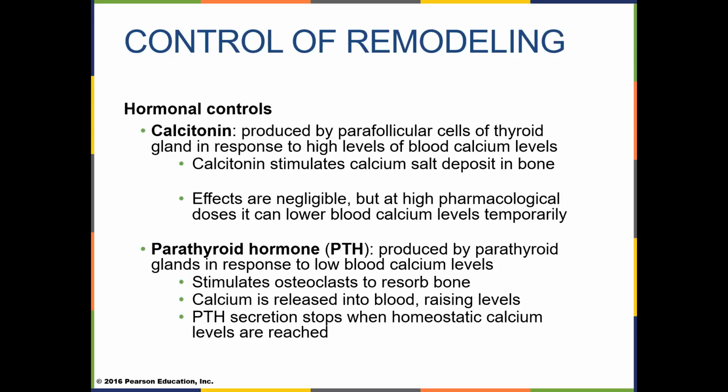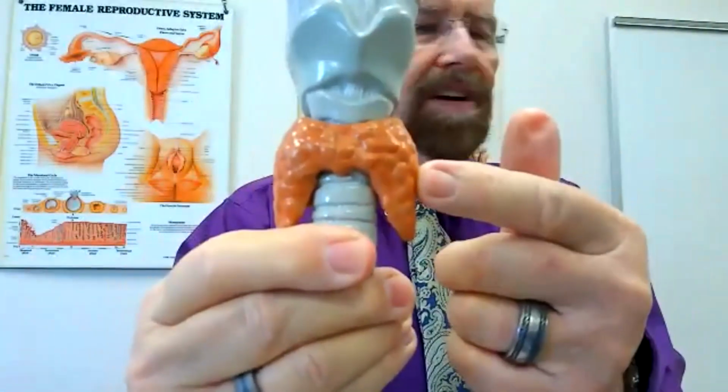Let me let everybody see the thyroid gland here. It sits in your neck right about here, and it's about this size, maybe just a little bit bigger than the model, but this is pretty close.